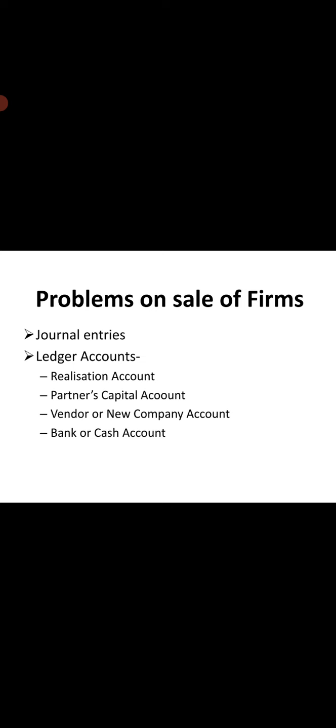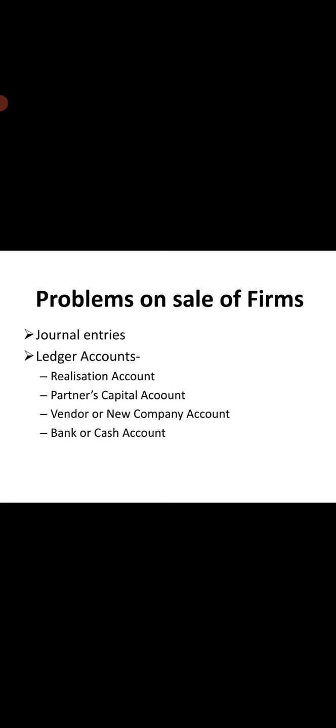For the final balance, we have to prepare the capital account. Then only we can know the amount which is payable to the partners. But as per the journal entry, the entry will be X's capital account debit 70,428, Y's capital account debit 46,952, to cash or bank account 1,17,380. So thereby we can end the journal entries.